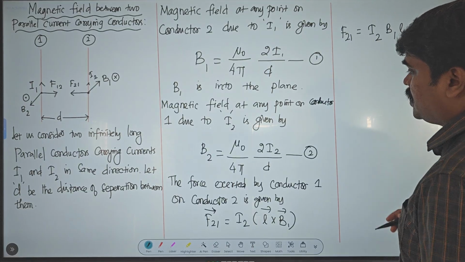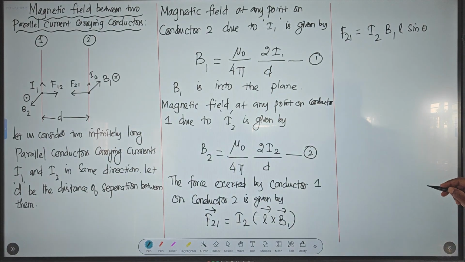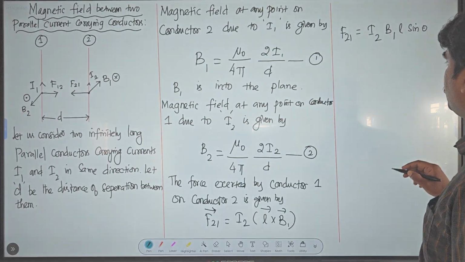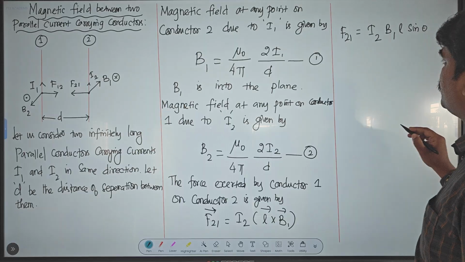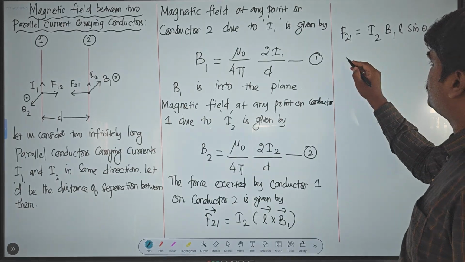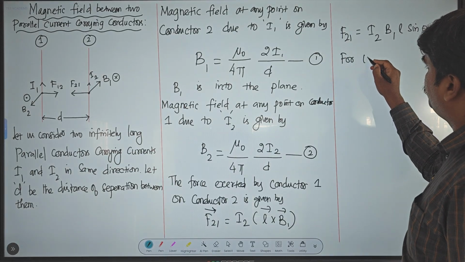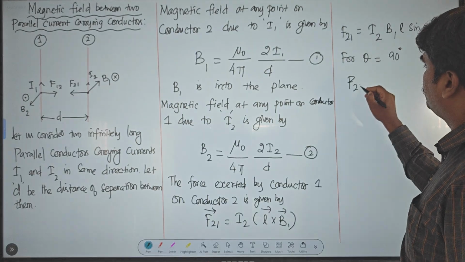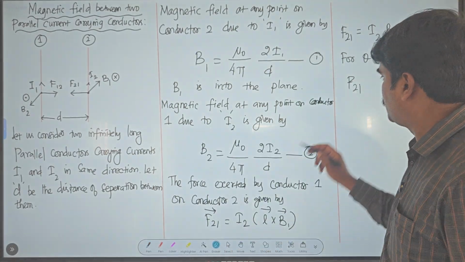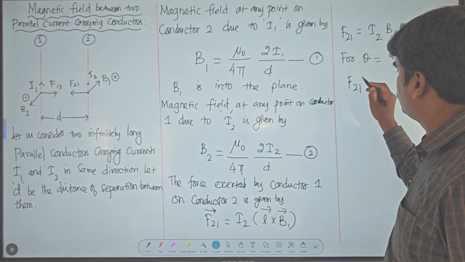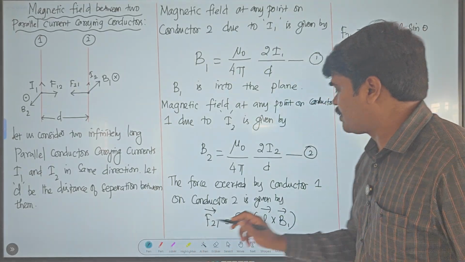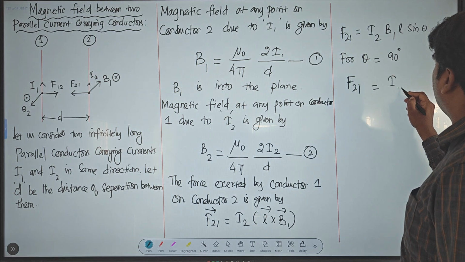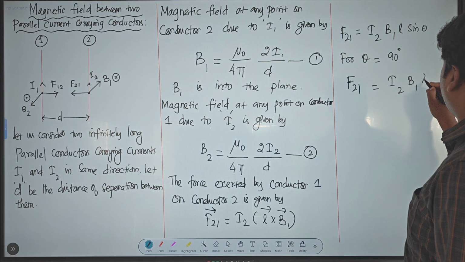Now theta is the angle between the conductor, that is the current flowing through the conductor, and the magnetic field. So here, the maximum force will be for theta equals 90 degrees. For theta equals 90 degrees, this expression becomes F21 equals I2 into B1 into L.